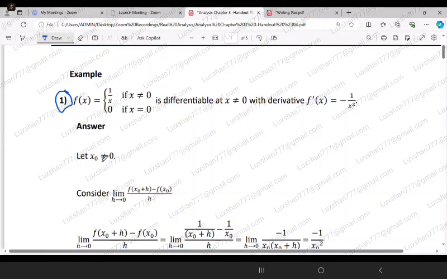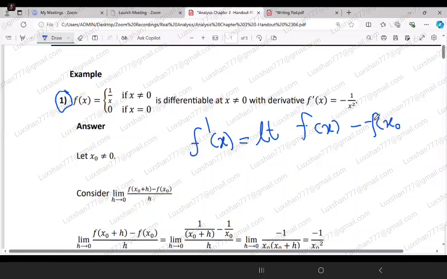In fact, if you want to show the function is differentiable, we have to consider this limit. I told you in the last class, there are two ways you can define f dash x. One is limit of f of x minus f of x naught over x minus x naught as x tends to x naught.